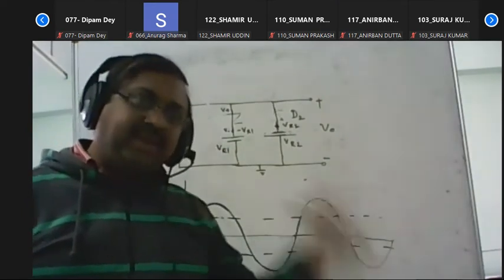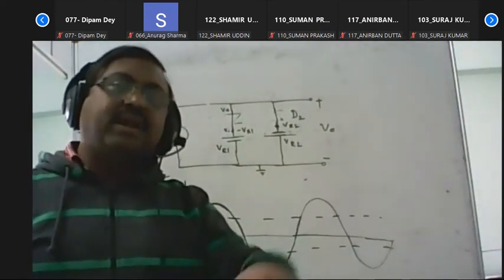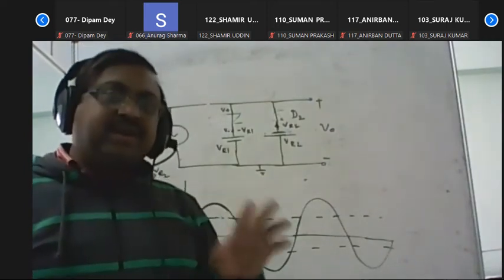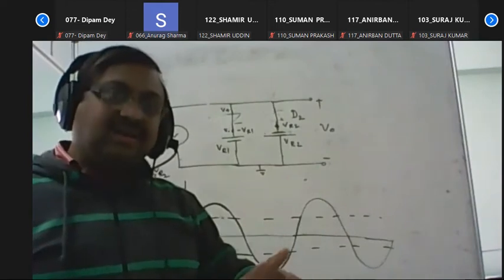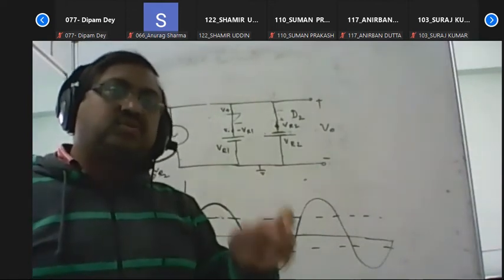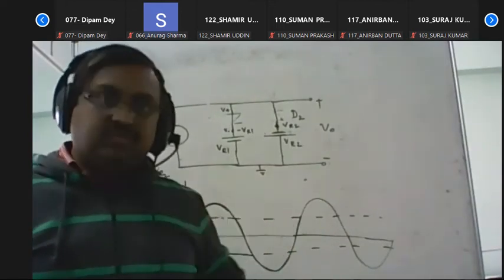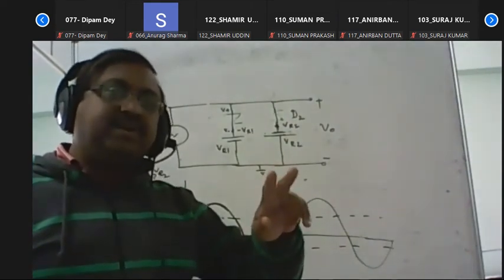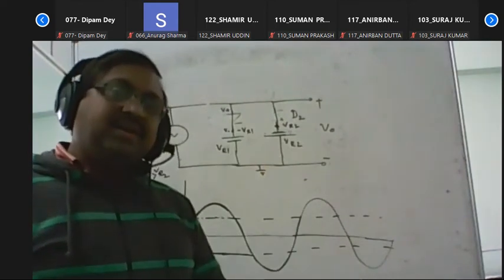So if we apply the 5 volt, it still behaves like a 3 volt supply. So if we connect two voltage sources in parallel, then both sources will provide the same value, the lower of these two. So here, if 3 and 5 volt are connected in parallel, then at the output terminal we get 3 volt.